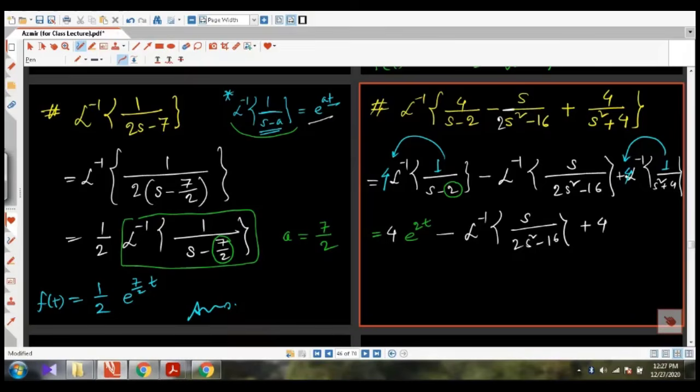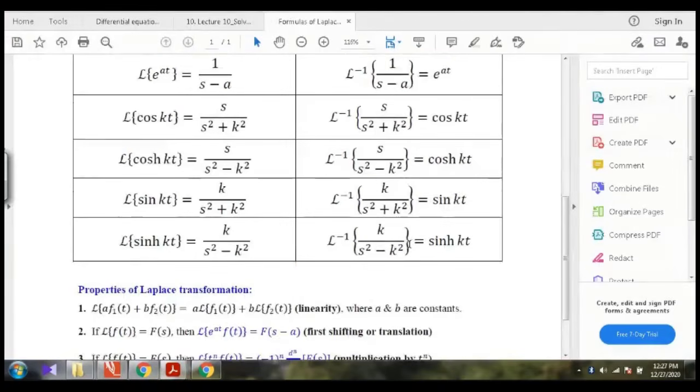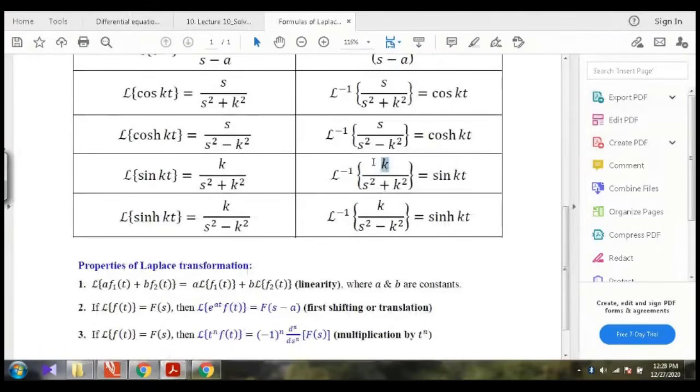4 inverse Laplace of 1 over s square plus 4. Okay. So will it be cos 4t? It will be sine. Have a look here. Constant over s squared plus k squared, that k should be here. So sine 4t.